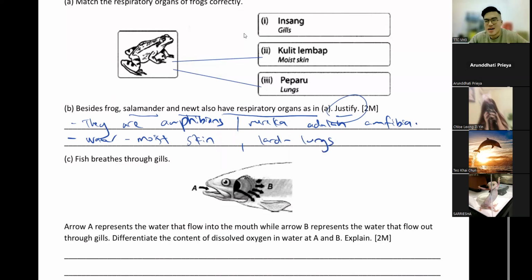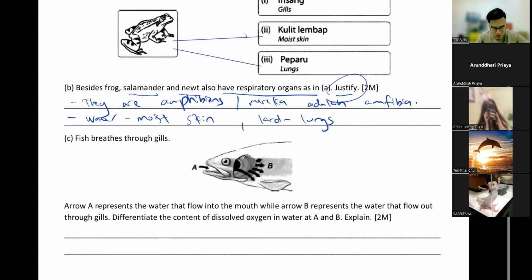Don't write like this in exam lah. I'm just lazy lah. So in water they use moist skin, while on land they use lungs. Okay, apabila di air mereka menggunakan kulit lembap, di darat menggunakan peparu. You know what I mean lah. So as long as you get the point.